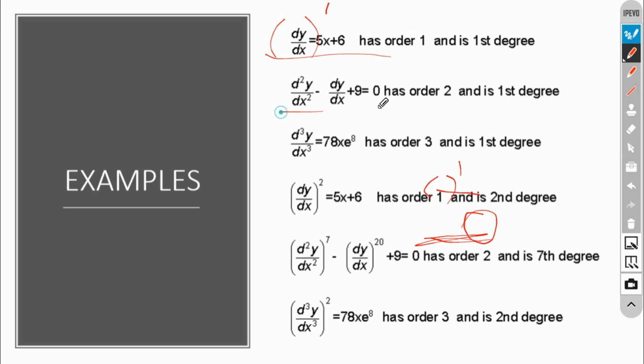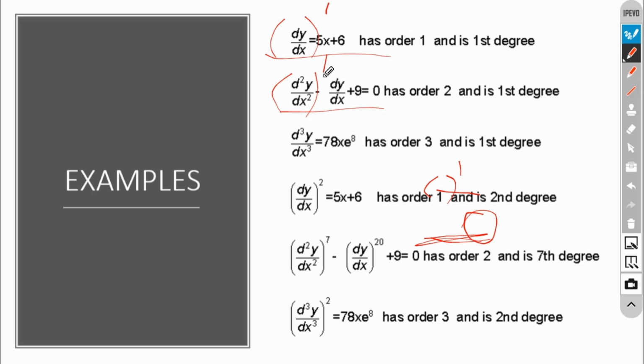And in this example, the highest derivative is d square y by dx square, so its order is 2. The exponent of the highest derivative is 1, therefore its degree is 1.